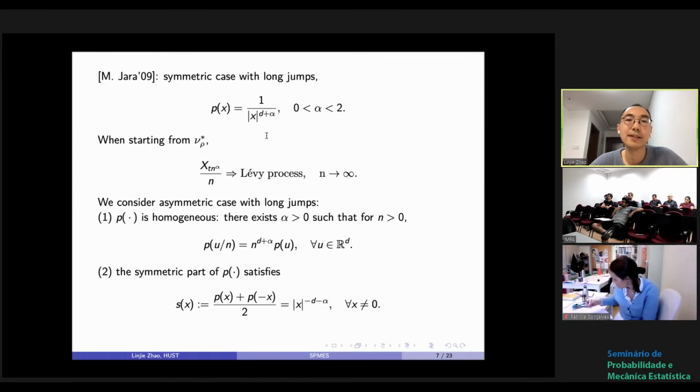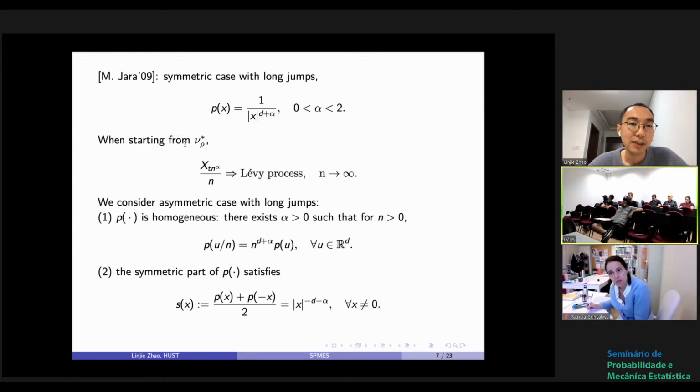And Milton considered the non-equilibrium fluctuations and equilibrium fluctuations for the target particle. He showed that in the equilibrium case, X_t over n^alpha converges to a Lévy process. So in this case, the target particle is superdiffusive.